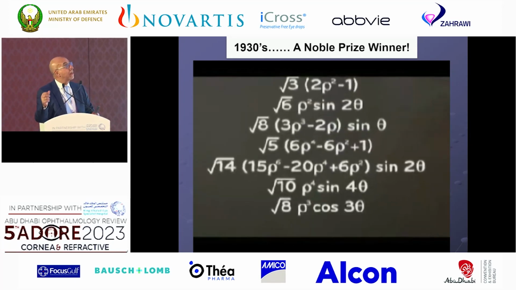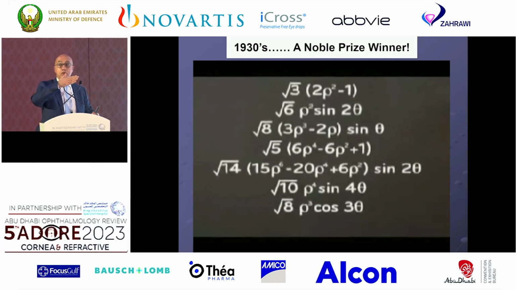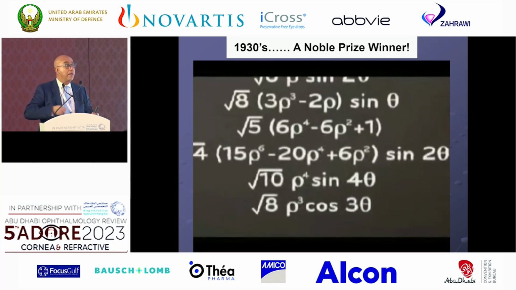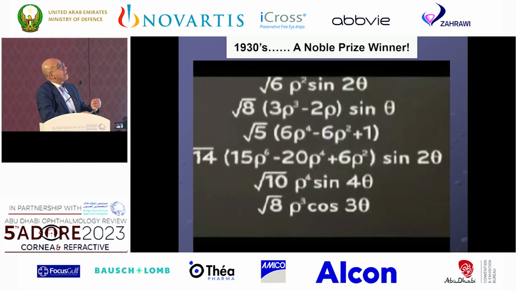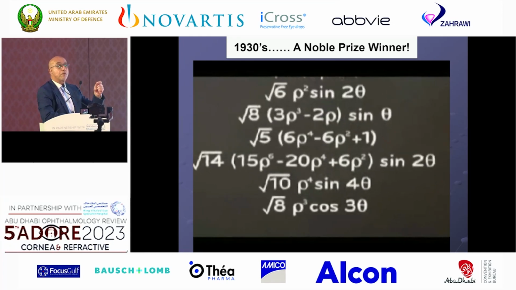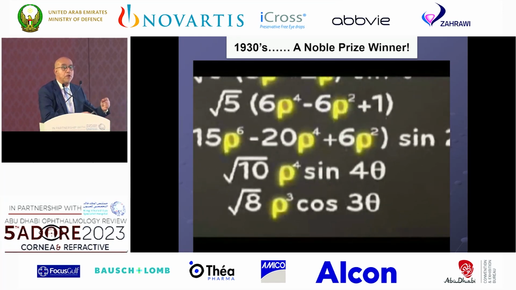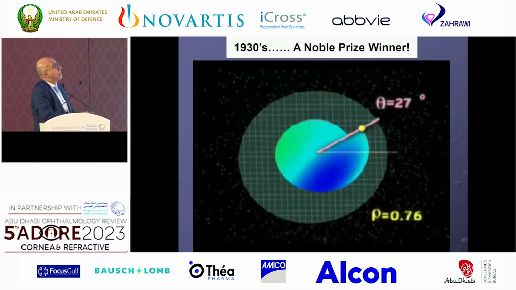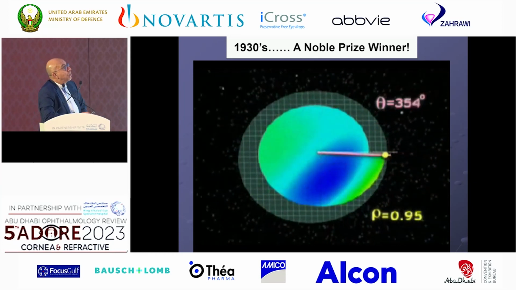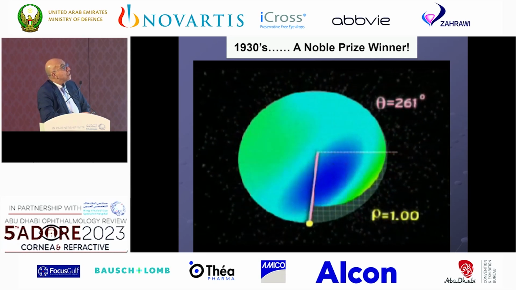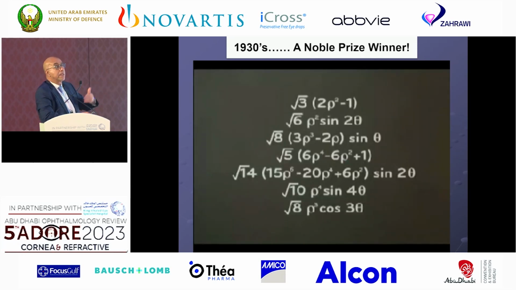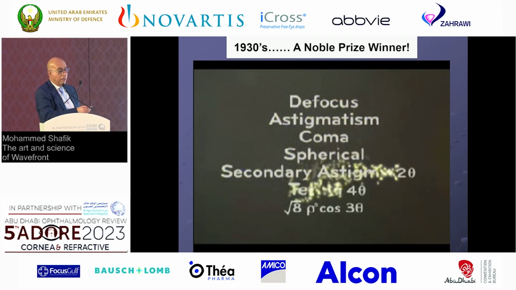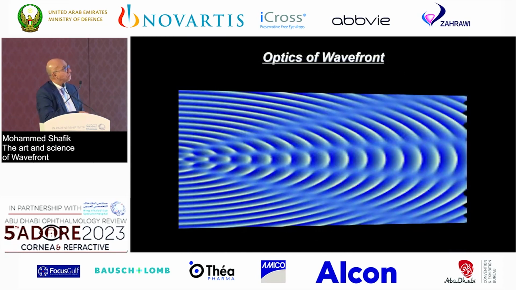He described that light passes in sheets instead of beams, and describes these distortions in the form of a polynomial equation, the ones that we now know as Zernike polynomials, with a multifactorial equation that translated into the shapes that we know very well now.